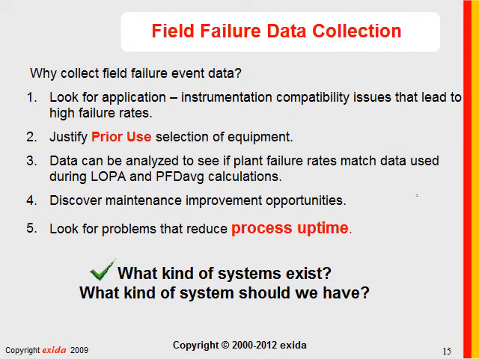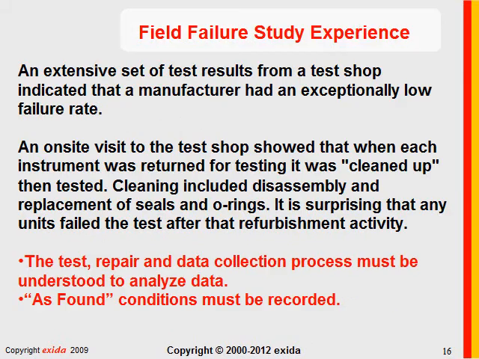So let's take a look at what kind of systems exist and what kind of systems we should have. I got a chance to look at some field failure data. It was from a test shop doing proof testing.